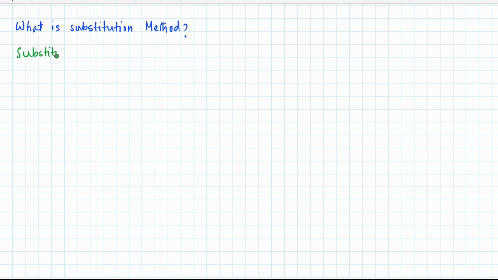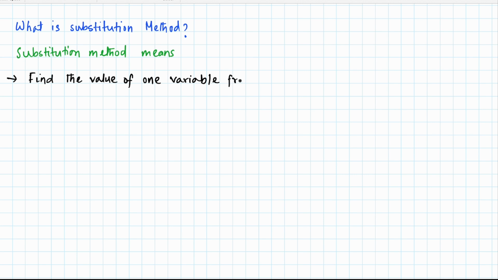So the substitution method means find the value of one variable from one equation from a pair of linear equations of two variables.